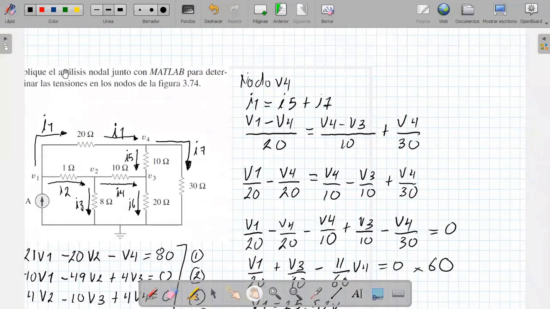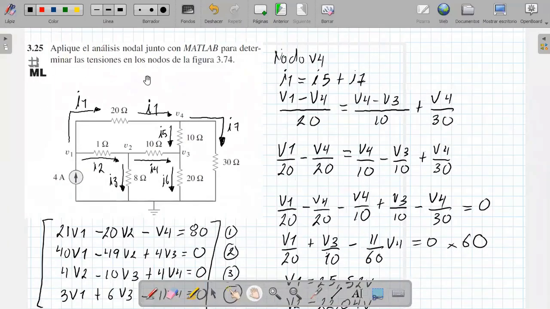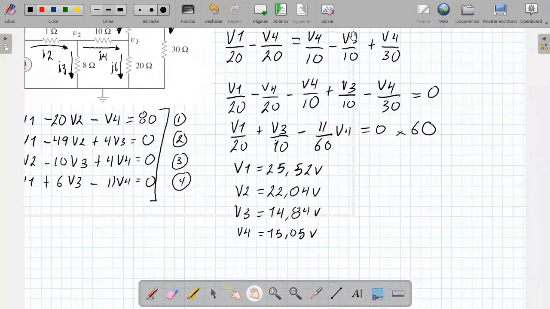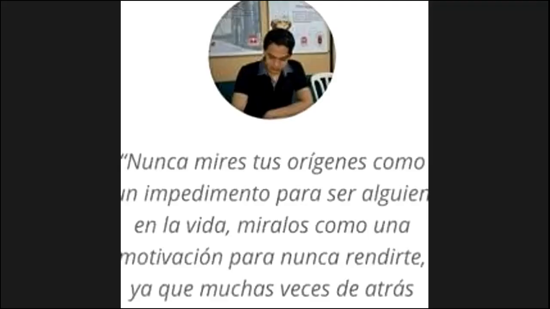Well, those are the voltages that the exercise asks of me: determine the voltages at the nodes. See you.